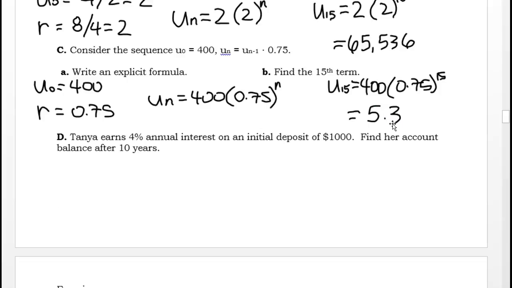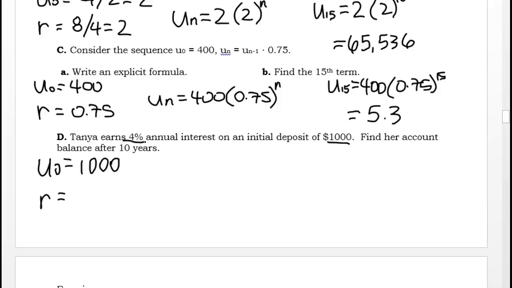One final example. Tanya earns 4% annual interest on an initial deposit of $1,000. Find her account balance after 10 years. So I need my u0 and I need my ratio. The starting amount is $1,000. And I'm earning 4% annual interest.